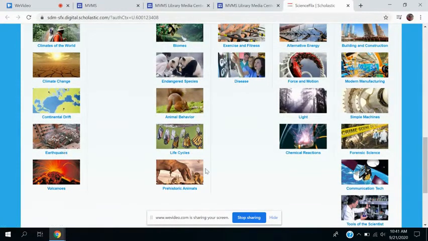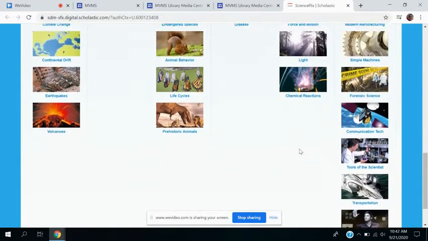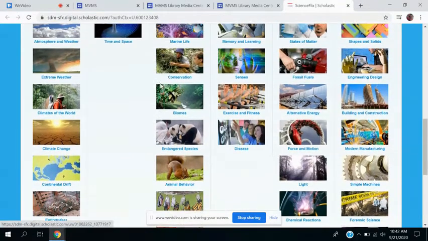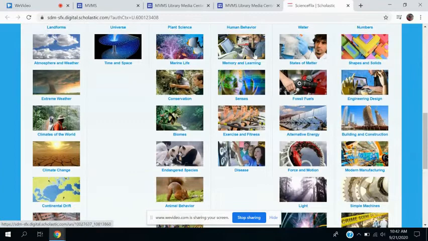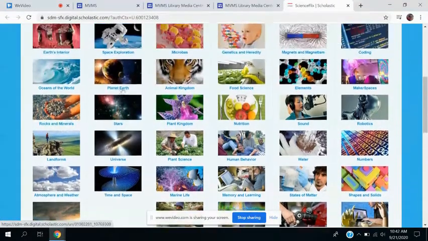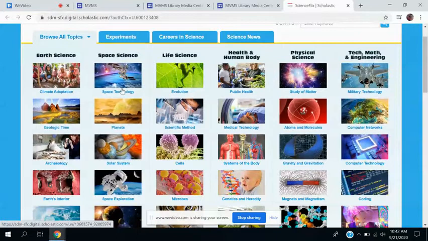Whew. There is a lot. You could also be looking for light or disease or endangered species. So there's so much that you can find. The senses, memory and learning, states of matter, shapes and solids, numbers, the universe. There's a little something for everyone on here, and for 6th, 7th, and 8th graders as well.